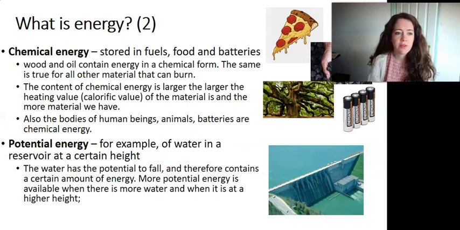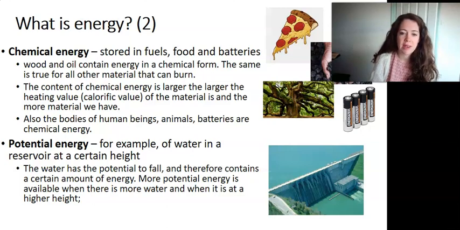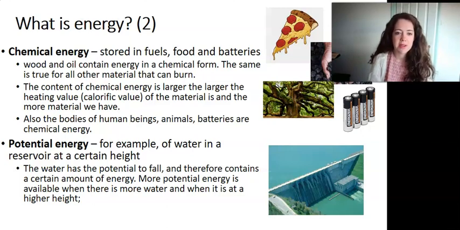Two more forms of energy that are very significant. First of all, it's chemical energy that is stored in food, in fuel, or in batteries. We encounter that very much in energy systems, and when we're thinking about sustainable energy, how much actual energy is stored in a litre of oil, or in a tree, or in a battery. This is very significant when we talk about energy units. So wood and oil contain energy in this chemical form.